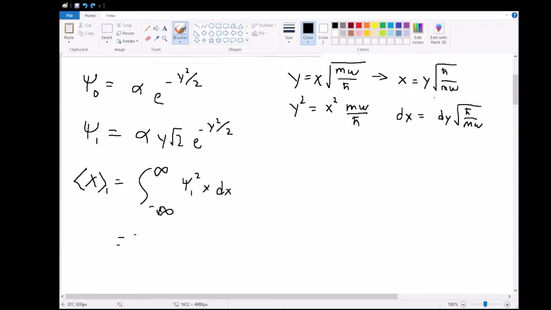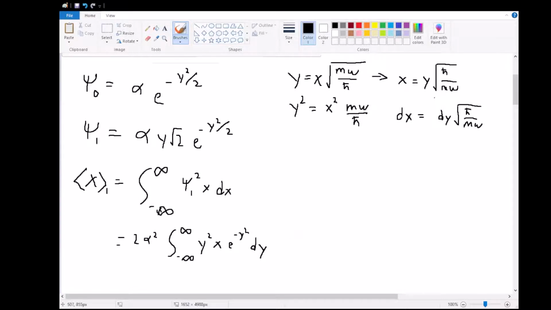So at the front, it becomes 2 alpha squared times the integral from negative infinity to positive infinity. And then we have y squared multiplied by x times e to the negative y squared dy.